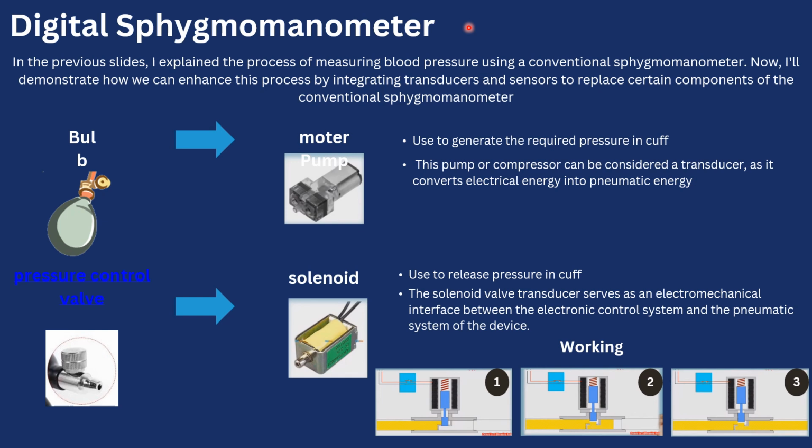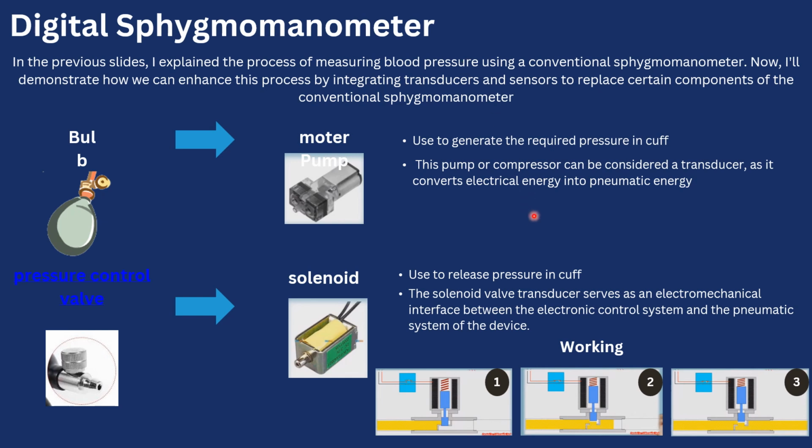The bulb is basically used to pump pressure into the cuff, and we can use a motor pump in place of it. This pump or compressor can be considered a transducer as it converts electrical energy into pneumatic energy.